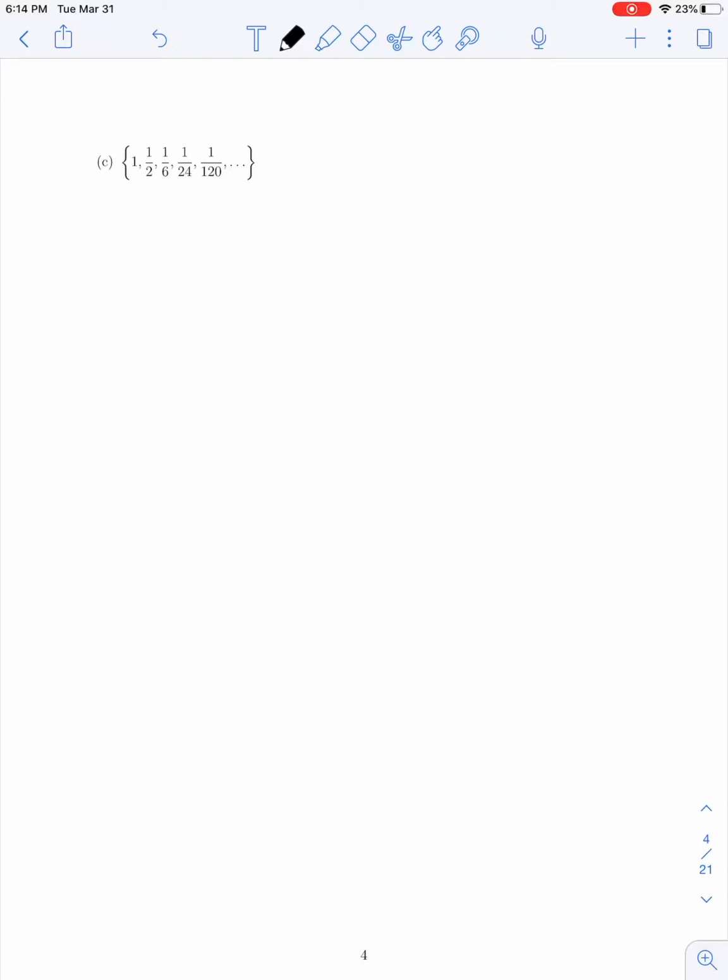So let's look at another one. In part C, we have 1, 1/2, 1 over 6, 1 over 24, 1 over 120, and so on. So there's a few ways that we could think about describing this general pattern.